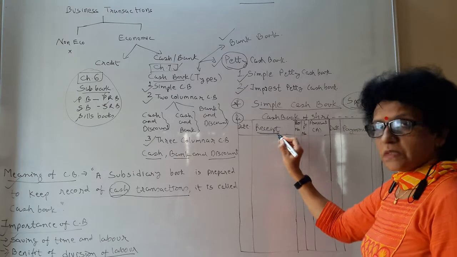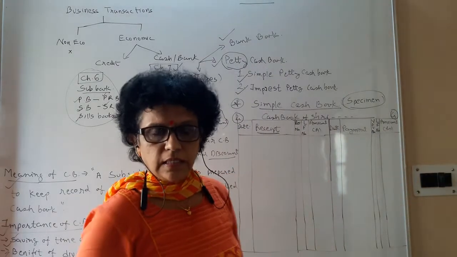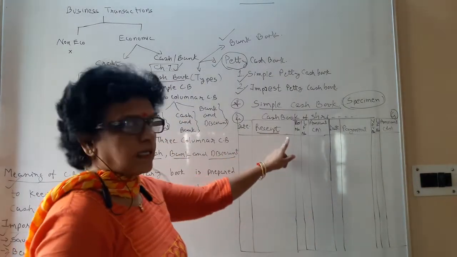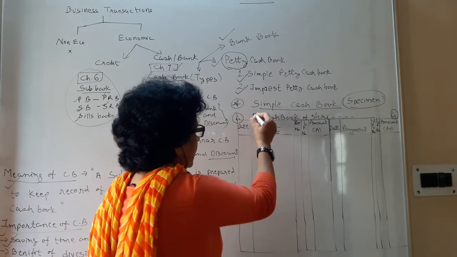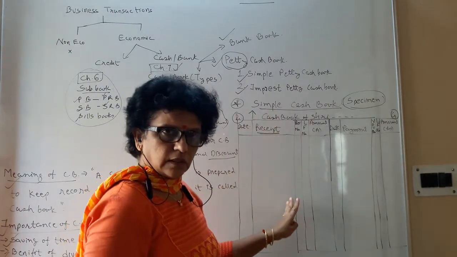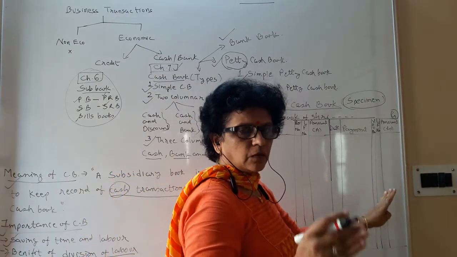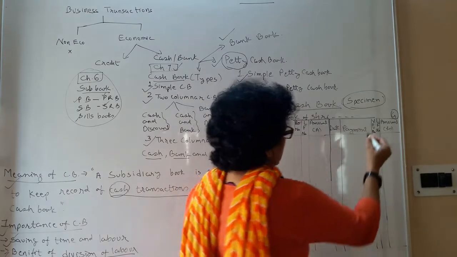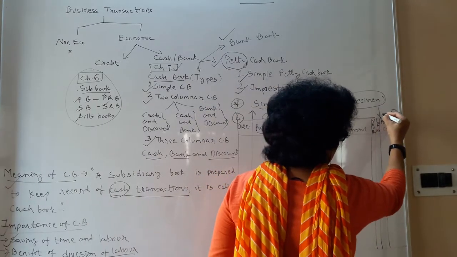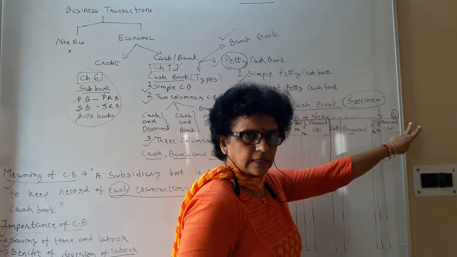Whenever cash comes in, the rule says debit what comes in. So when your cash comes in, your cash balance increases, and you record it on the receipt side. When your cash goes out, credit what goes out. That reduction in cash you record on the credit side.